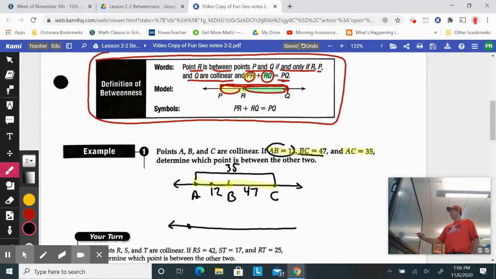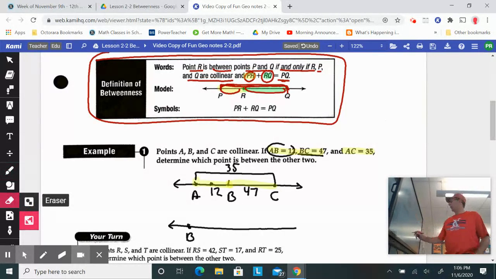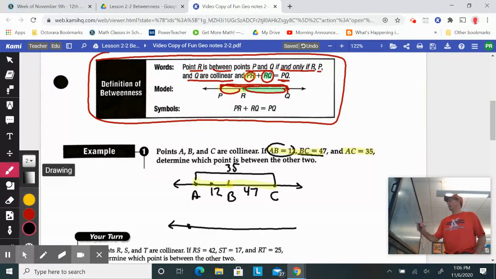Let's start with B here. Nope. I have another idea. Let's go with C here. And let's go with A here. And let's go with B here. And let's see what that does.